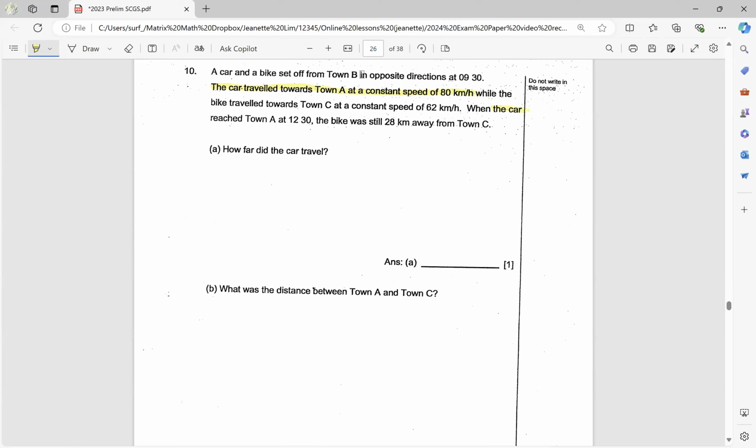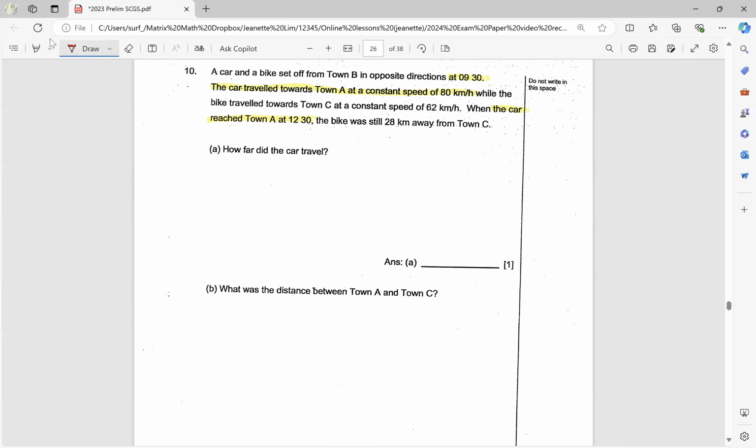The car reached town A at 12:30. They started off at 9:30. So we know how long the car took, which is 9:30 to 12:30. We also know the speed of the car. So with the time and the speed, you can find the distance, which is how far the car traveled.